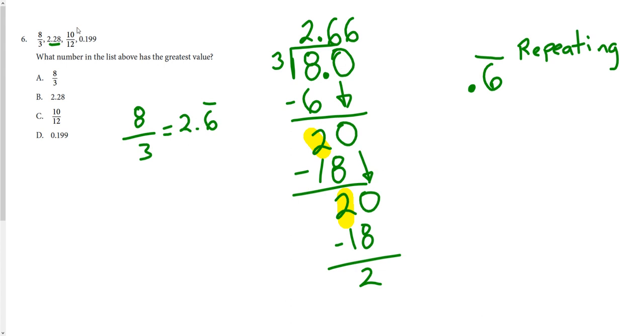We eliminated these two because they're both less than 1. 19 cents or 20 cents. 10 divided by 12. Well, 12 divided by 12 would be 1. So 10 on the top would make it a little smaller than 1. So our greatest number would be 8 over 3.